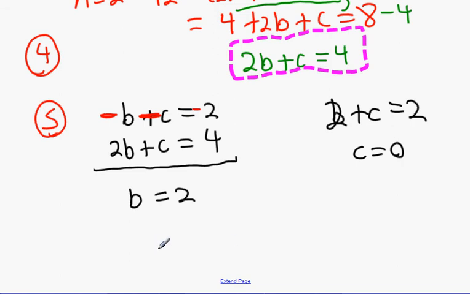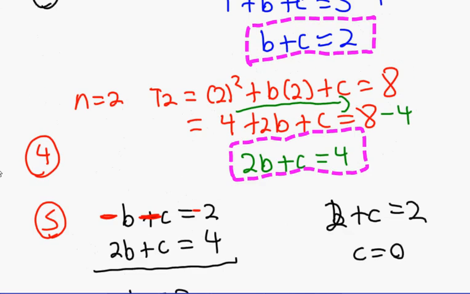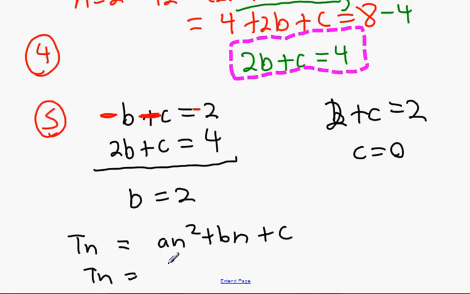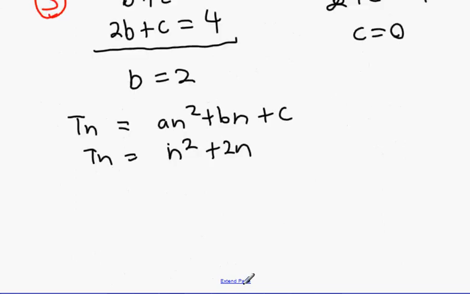Next, we rewrite our tn formula: an squared plus bn plus c. What's a again? a is 1, so it's n squared. b is 2, so it's n squared plus 2n. Is there any way of checking if this is right?